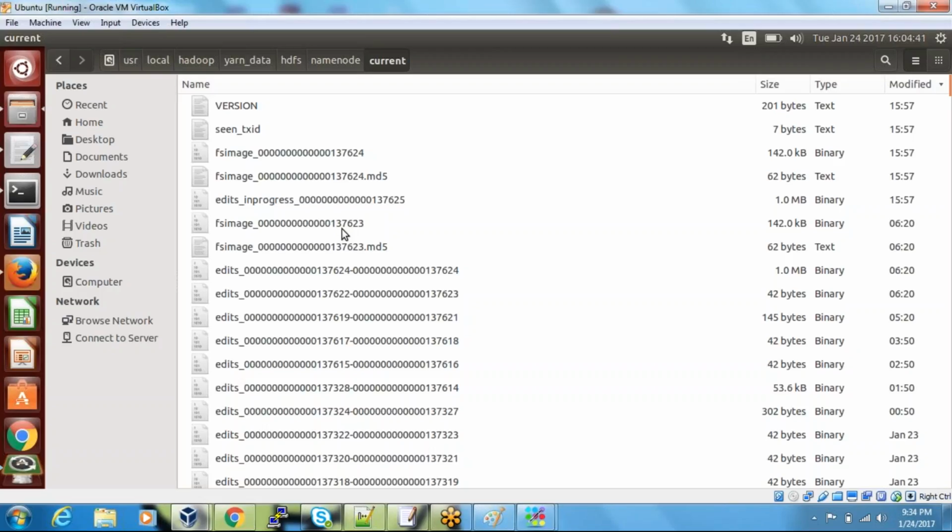We need to understand the backup node, the checkpoint node, and the secondary name node. Once you understand that, you'll easily understand why multiple FS image files are there. It's a little early to understand why there are multiple FS images and multiple edits. Any other doubt, guys?